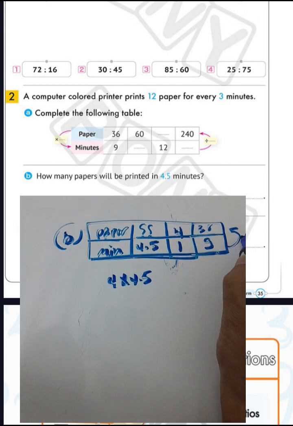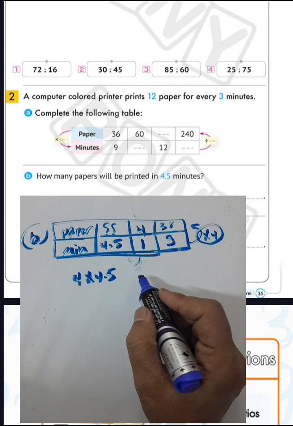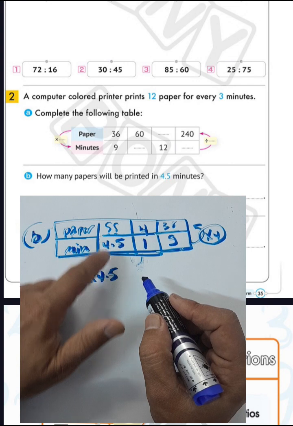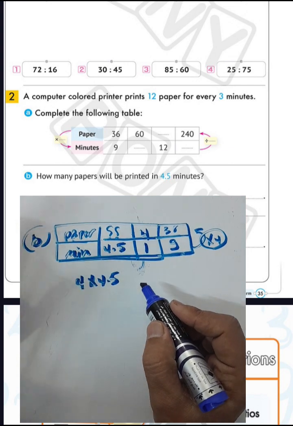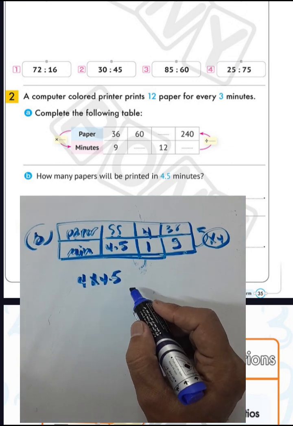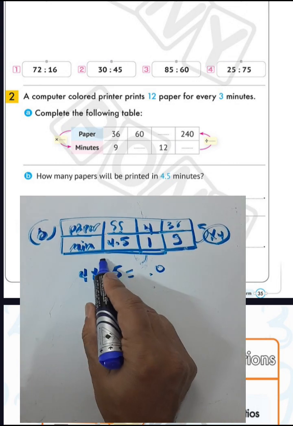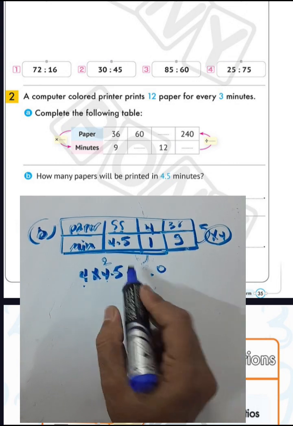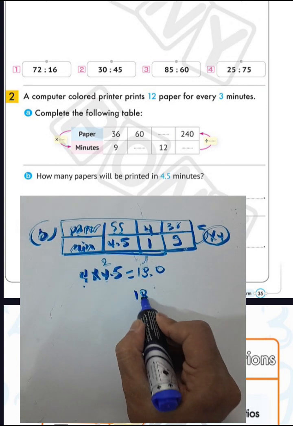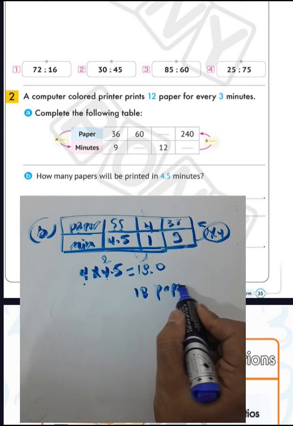Okay, understood? To find the number of papers, if we have 4.5 minutes, this printed how many papers? 4 times 4.5, 4 times 5 equals 20, write 0 and carry 2, 4 times 4 equals 16 plus 2 equals 18. Then the number of papers will be 18 papers.